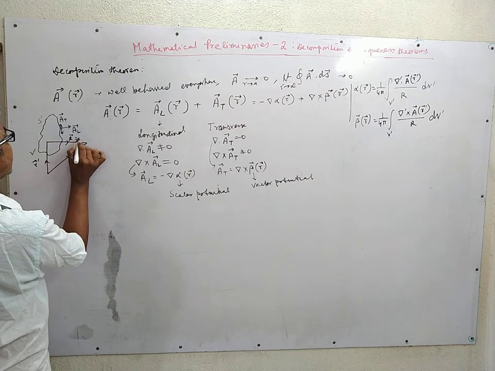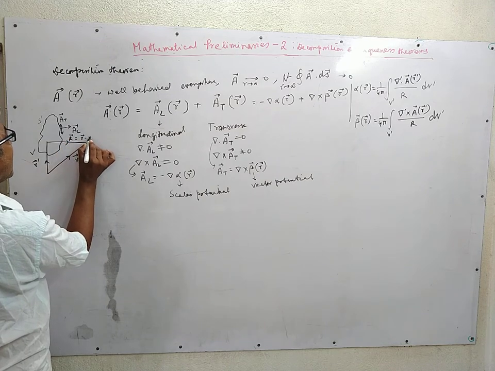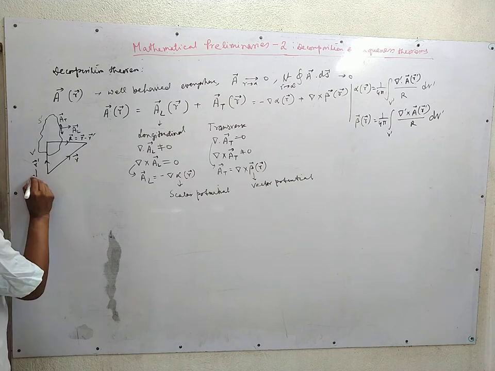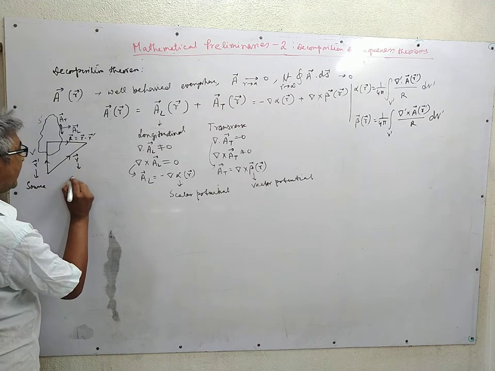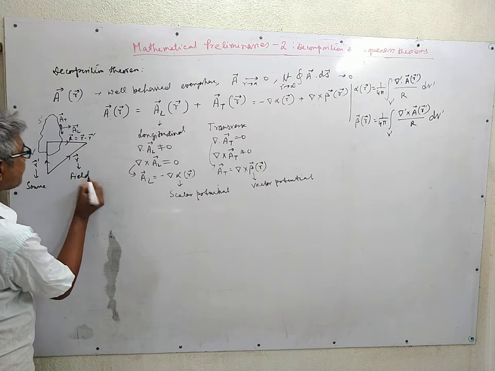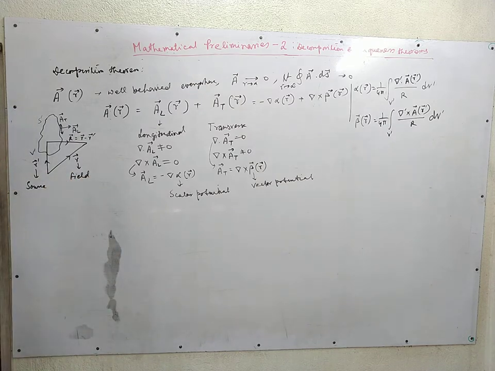The relative coordinate is equal to r minus r prime. This is the source coordinate and this is the field coordinate. In the entire electricity and magnetism, we shall abide by this notation. And script r is the relative coordinate.